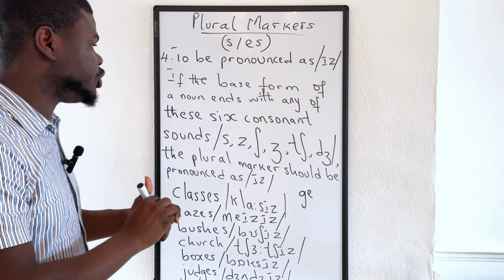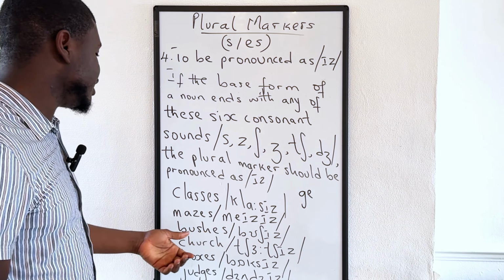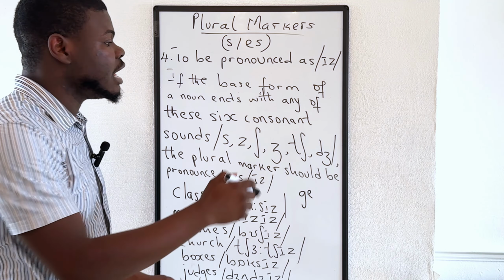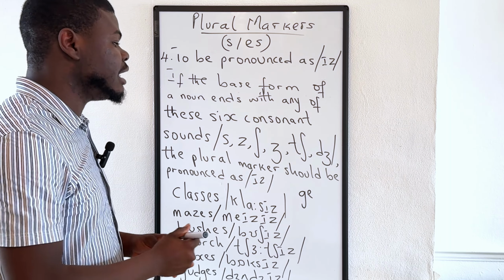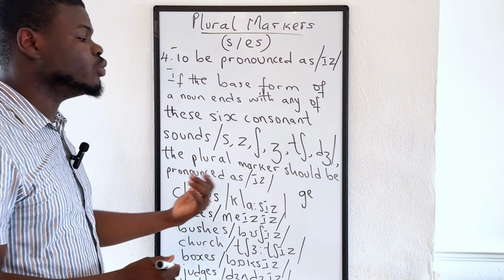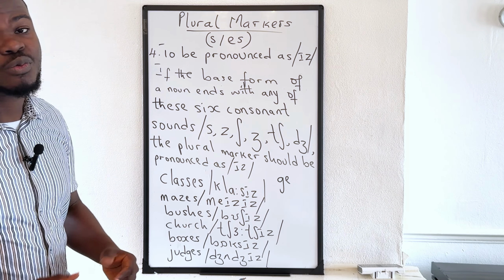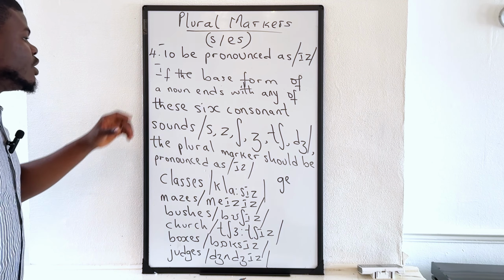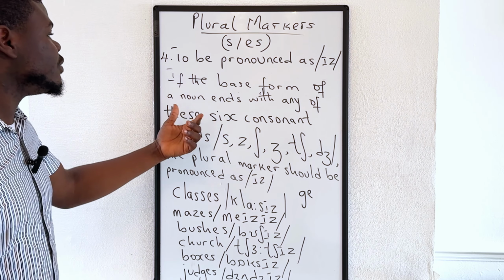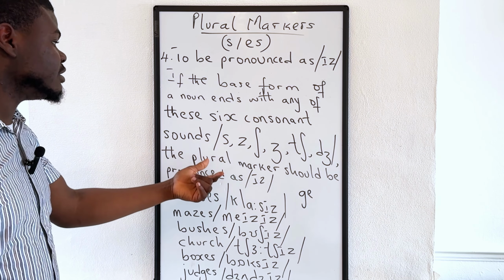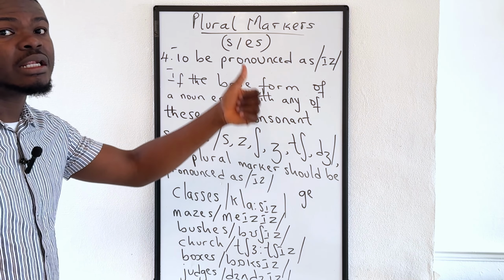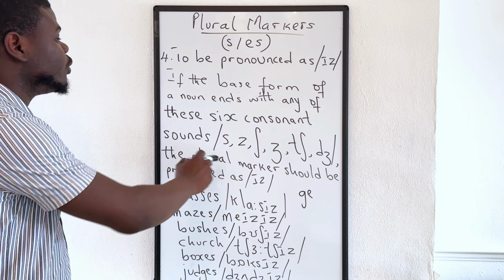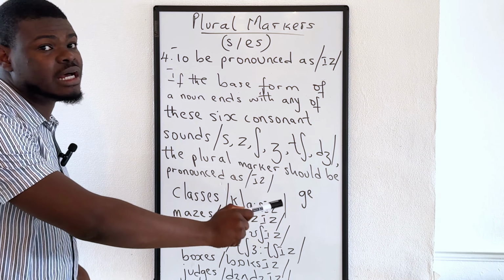The sound ch, mostly realized by CH. And then the sound G, mostly realized by letters J or GE, also when it comes at the end of a word. So if the base form of a noun ends with any of these 6 sounds, s, z, sh, j, ch, and g, the plural marker should be pronounced as iz.